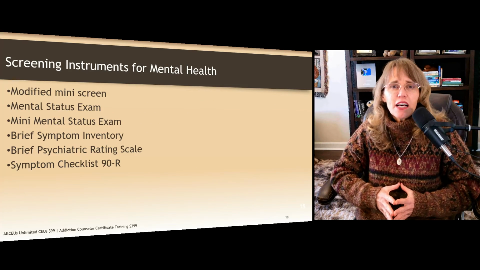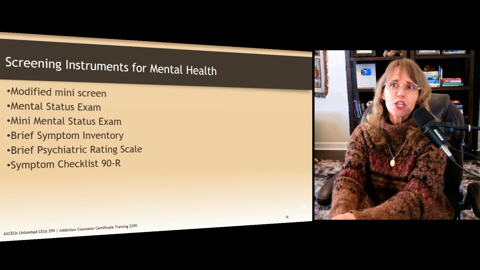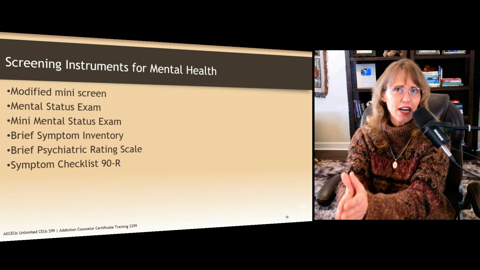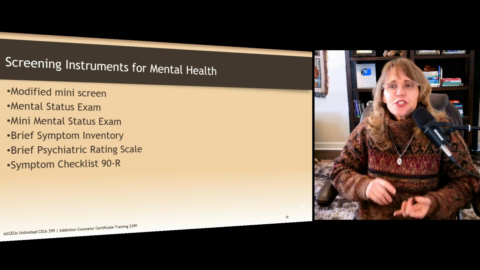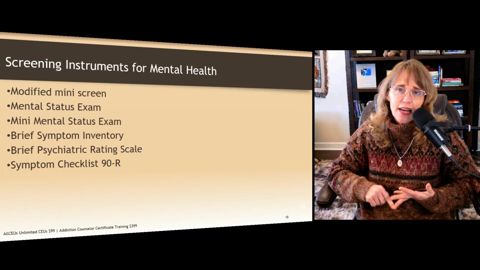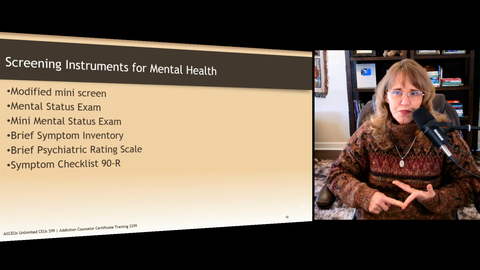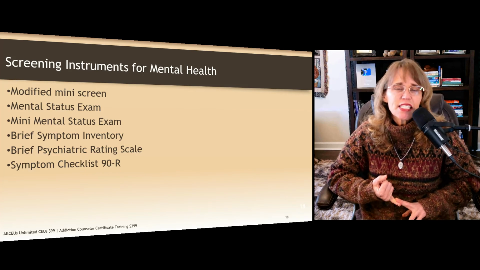For mental health screening, remember, most people who have an addiction issue have concurrent mental health issues going on. They're depressed, they're grieving, they've got trauma, lots of trauma. So we want to screen. There's the Modified Mini Screen. There's the mental status exam, the Mini Mental Status Exam, the Brief Symptom Inventory, the Brief Psychiatric Rating Scale, and the Symptom Checklist 90-R.